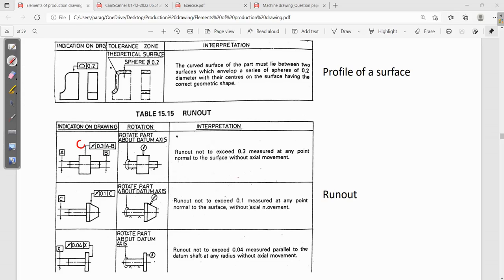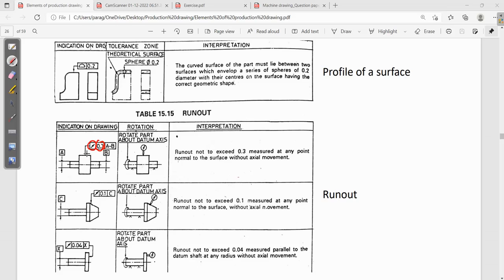We are always mounting the dial gauge normal to this surface. Normal means perpendicular. So if you consider the axis of a dial gauge and your surface, it must always be 90 degrees.